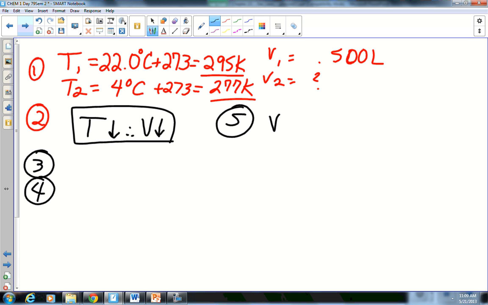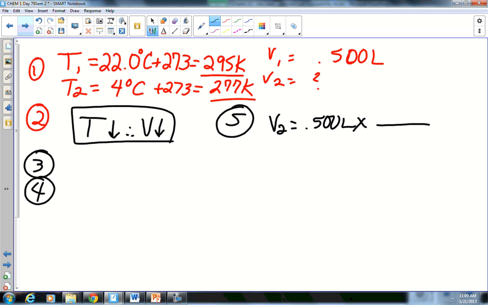He says that V2 is going to be V1, right? Which is 0.500 liters times this conversion factor that's going to make my volume go down. So what is that conversion factor? It's going to go where?